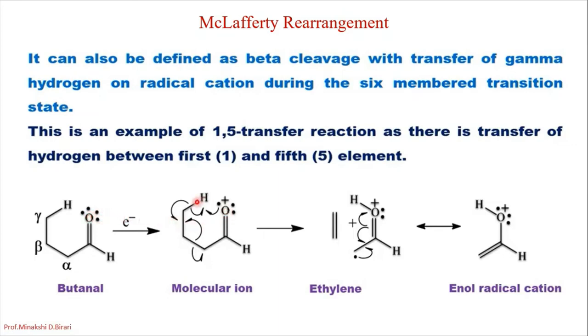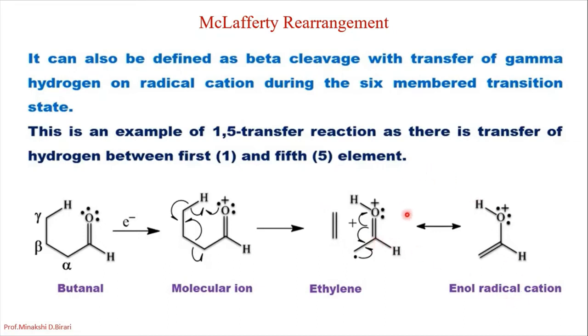And there is a formation of a six-member transition state due to the transfer of a gamma hydrogen on the radical cation. So there is a formation of a radical cation or molecular ion, and then transfer of this gamma hydrogen to the radical cation to form the alkene, and one of the fragments that is called the enol radical cation.